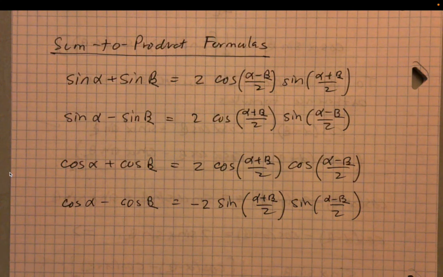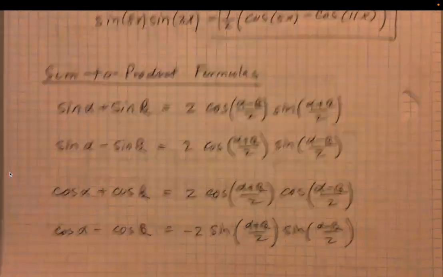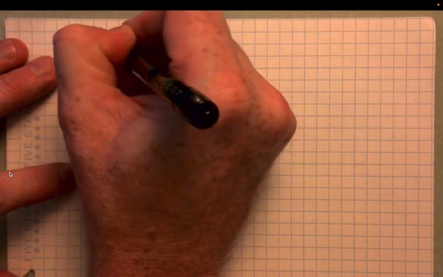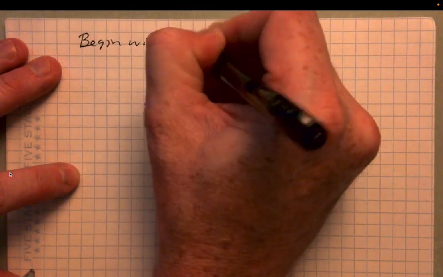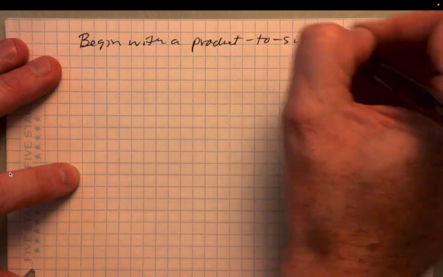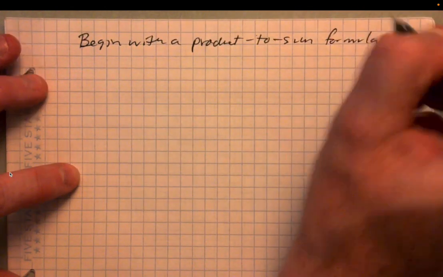Okay, and so for these we're going to do a derivation here, and these are just a little more involved, but the derivation is going to start with the product to sum formula, right? So we begin with a product to sum formula that we just looked at.